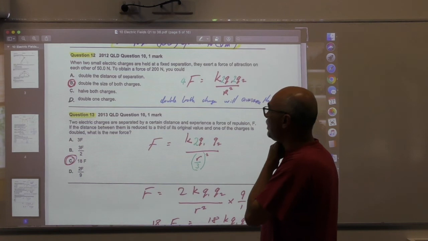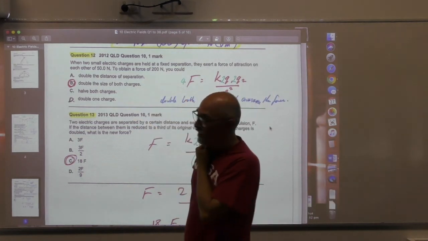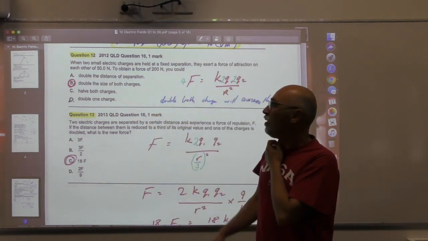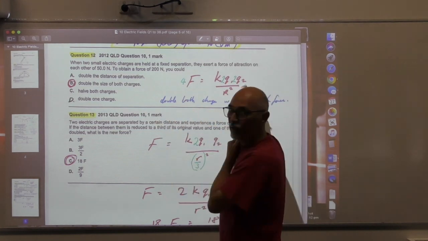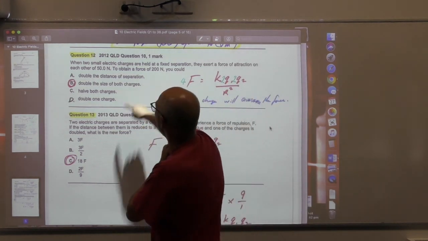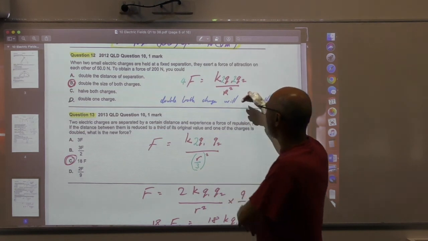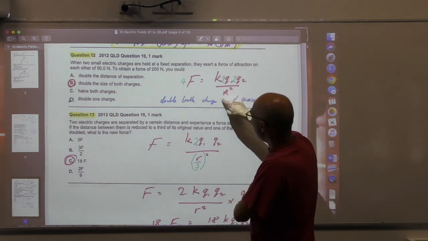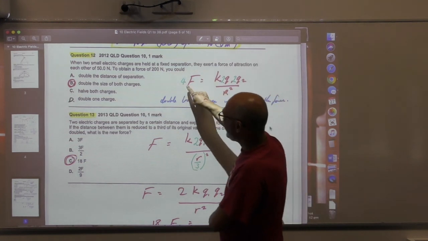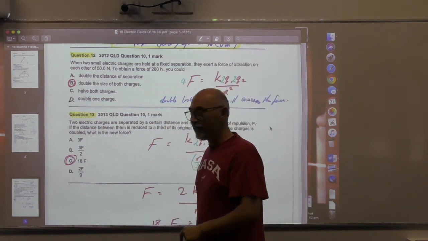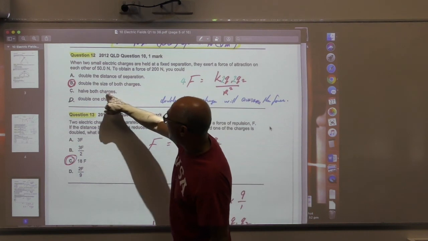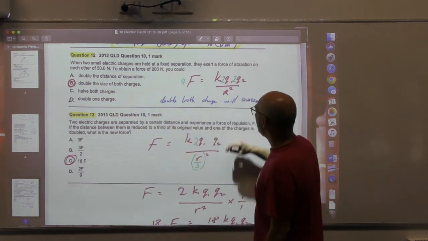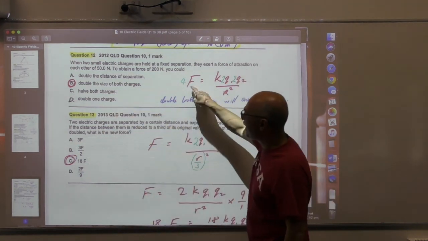What can I do out of the 4 options that they've given us? Which one of those will work? So you look at option 1, double the distance of separation. If you double the distance of separation, making that bigger makes that smaller, which does the exact opposite of what you're asked. Okay, halving both charges, again, making that smaller does not make that bigger.